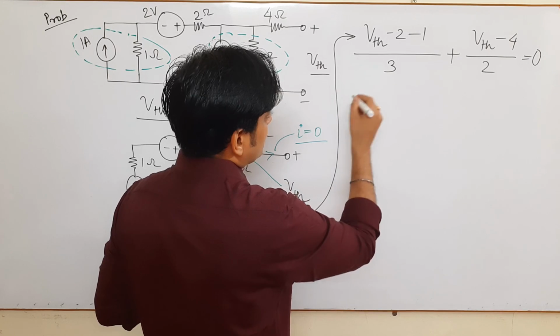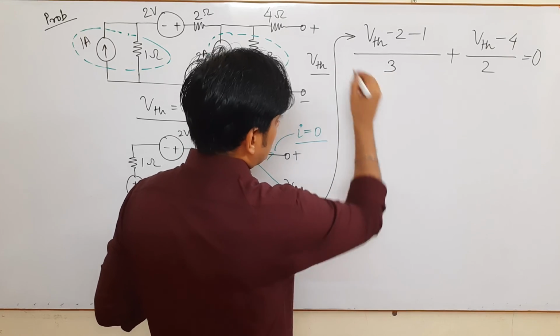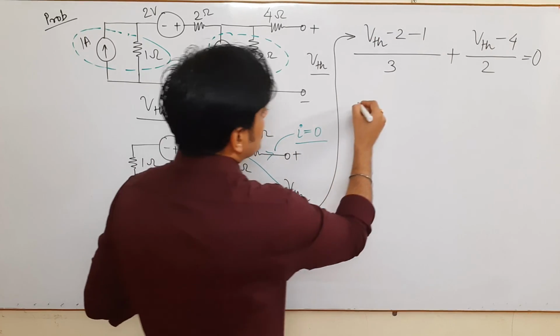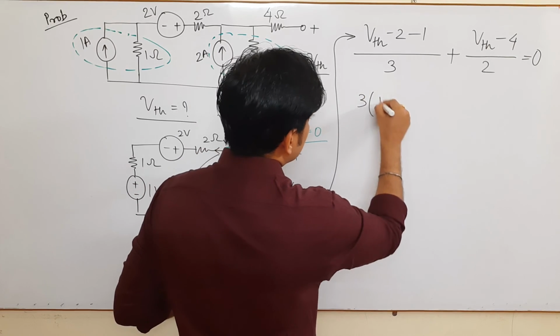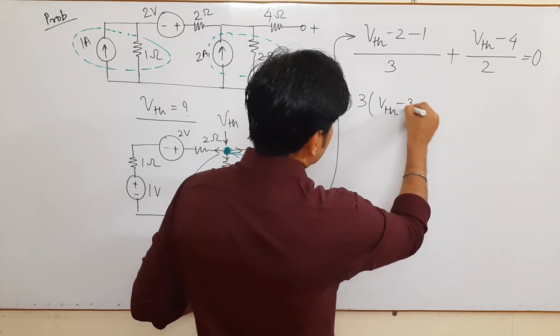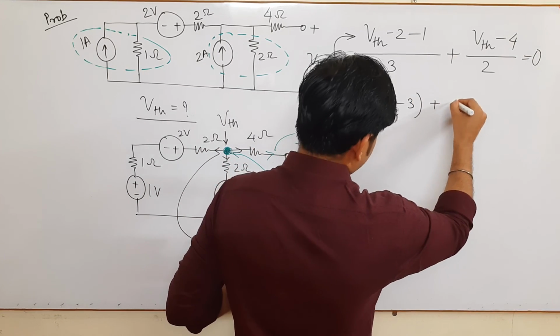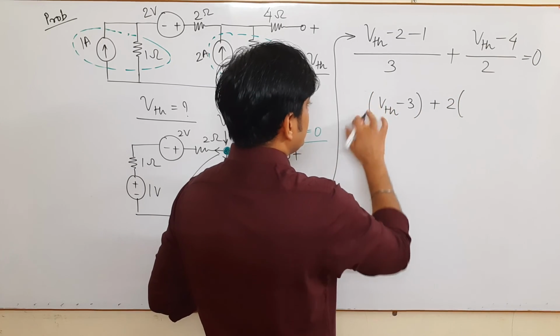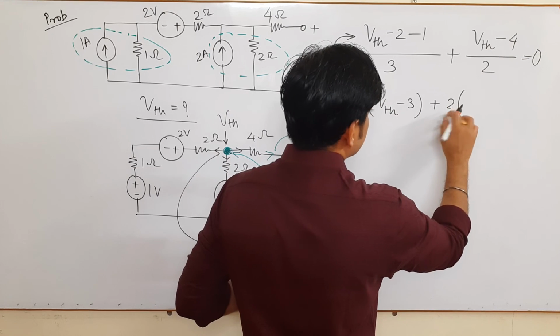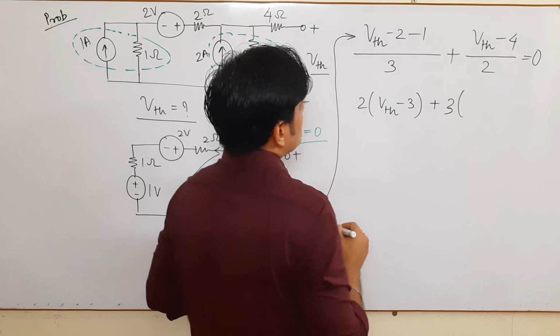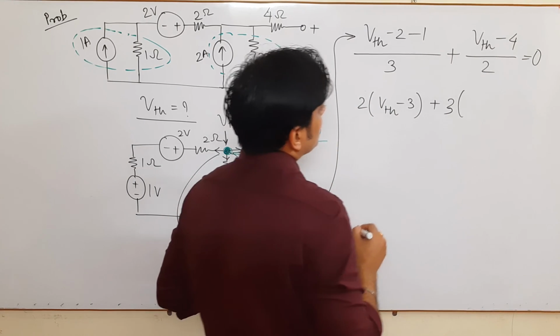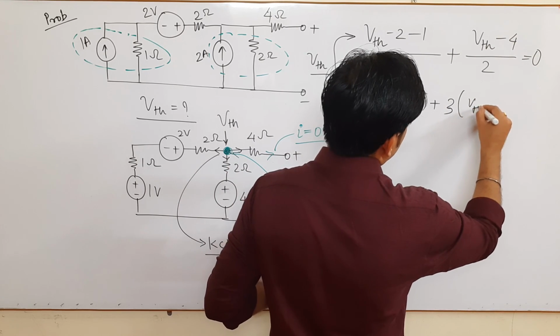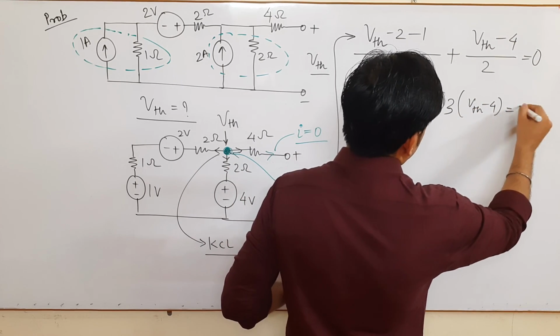I should multiply by 6 for both the terms. So that comes to be 2 into (VTH minus 3) plus 3 into (VTH minus 4), which comes to be 0.